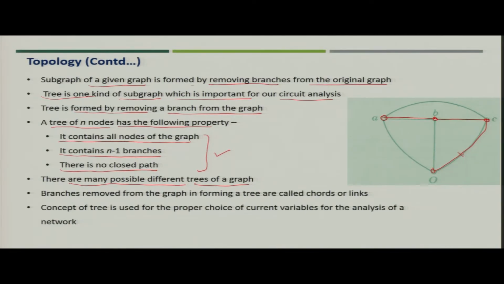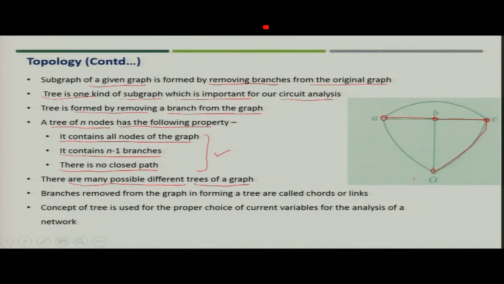In all the cases, you see there would be precisely 3 branches, because it will contain n minus 1 branches. So, for 4 nodes, it will always have 3 branches. If you connect more, then definitely you will have a closed loop, which is not allowed in this case. So, a tree will have precisely no closed path.